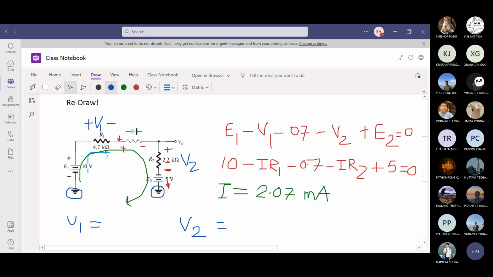V1 you can find by Ohm's law, the current times R1. Simple. I'm writing the answer as well. See if your values are same as this.